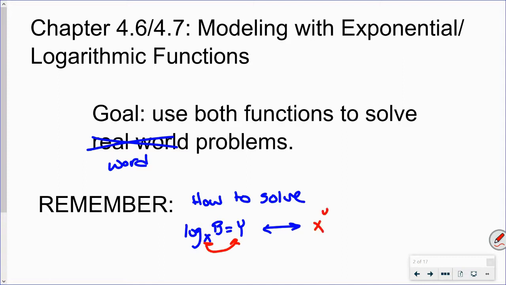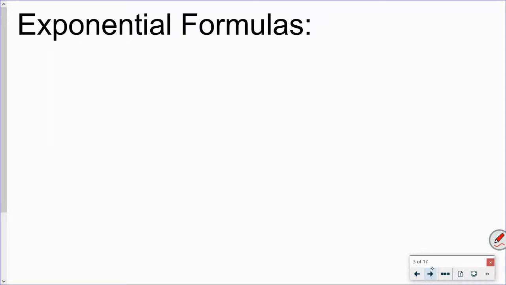So x to the y, because a logarithm is an exponent, equals b. So knowing how to rewrite exponential to logarithmic and logarithmic to exponential is important. So I'm going to front load this presentation with all the formulas that you'll need to know for these examples. So the first one here is doubling time.